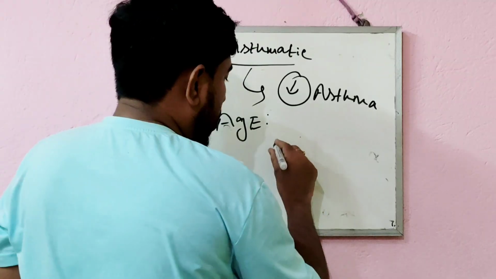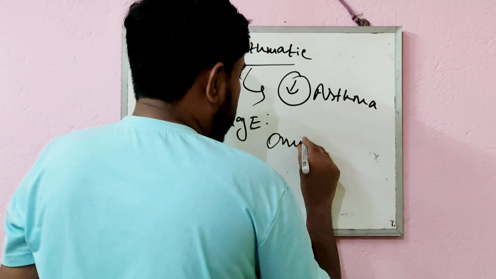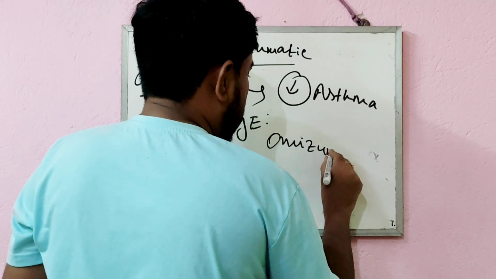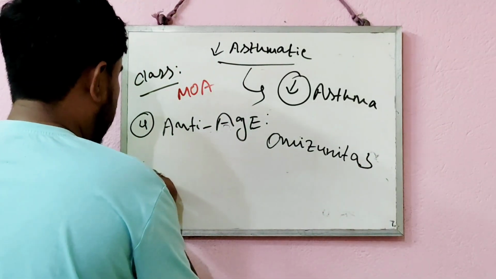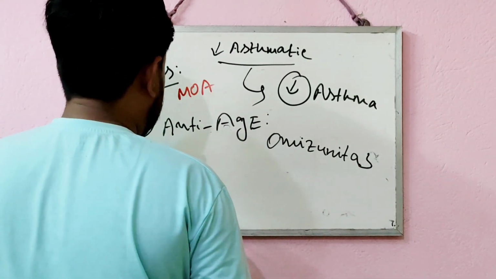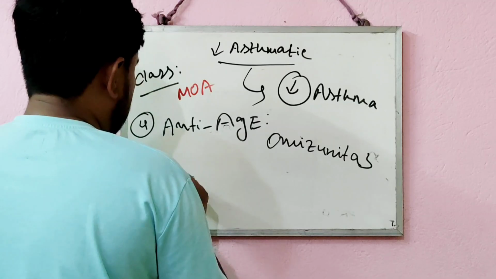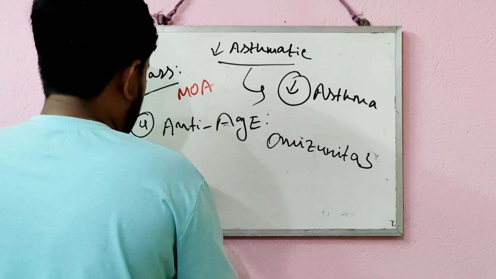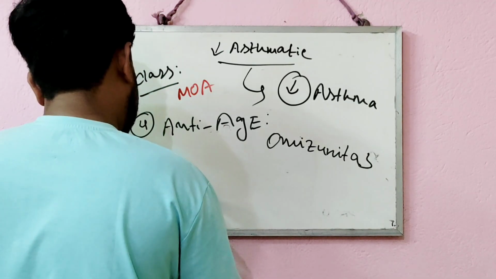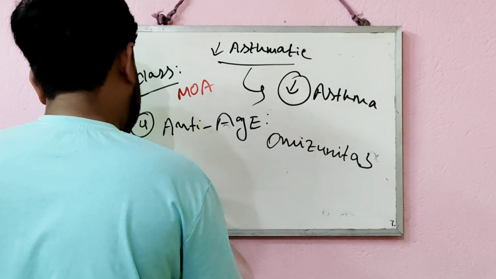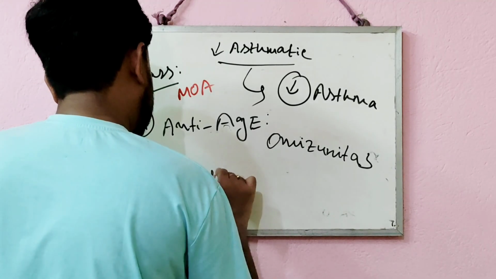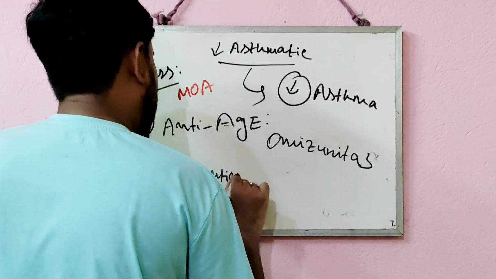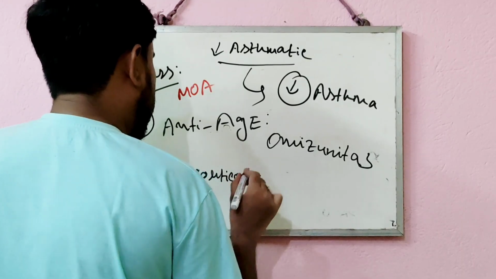What is the example? Omalizumab. The fifth one that can also be used as an anti-asthmatic drug is glucocorticoids. Glucocorticoid drugs can be of two types.